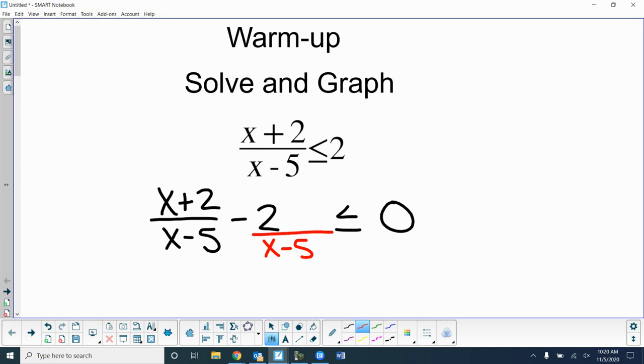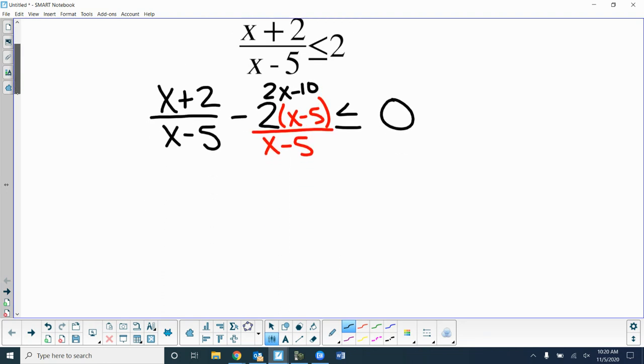Since I multiplied the denominator by x minus 5, I've got to multiply the numerator by x minus 5 also. So I distribute the 2, and I get 2x minus 10. And now I can subtract and make it 1 fraction.